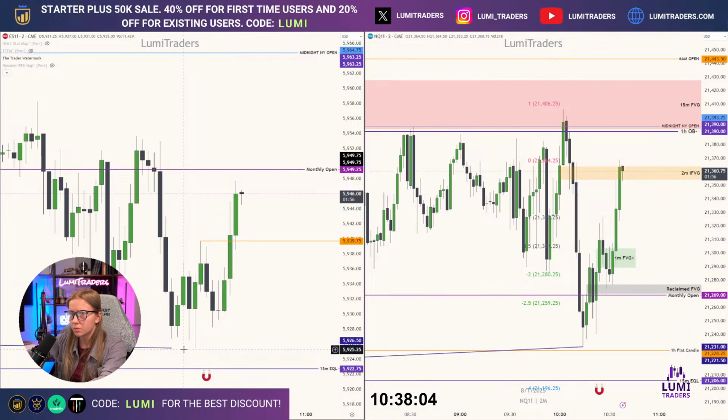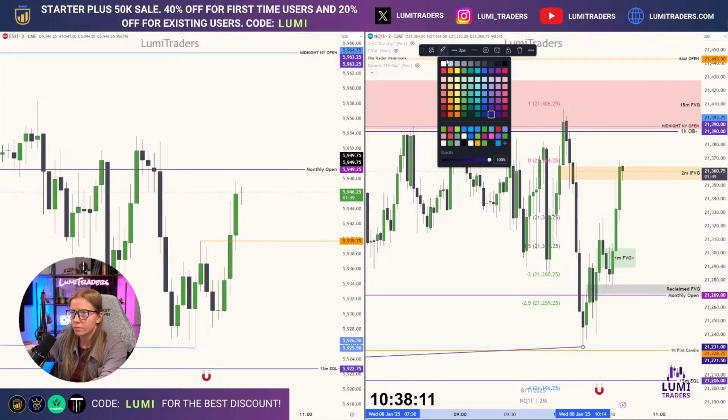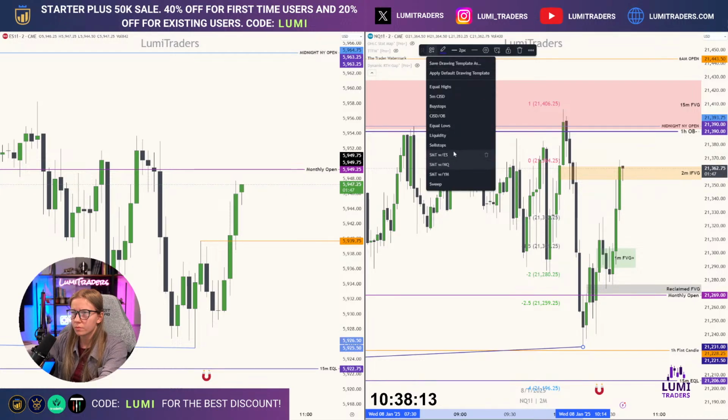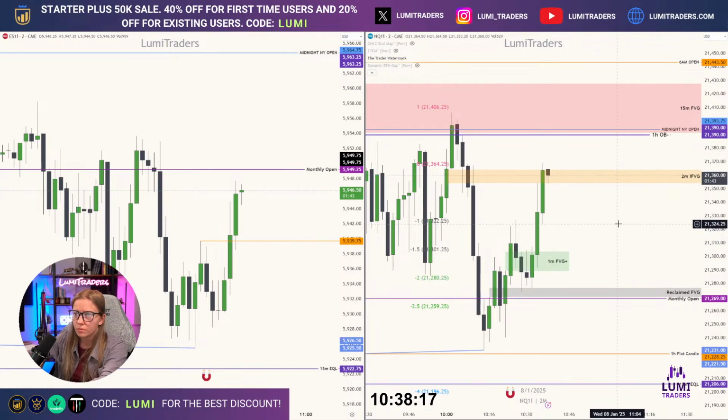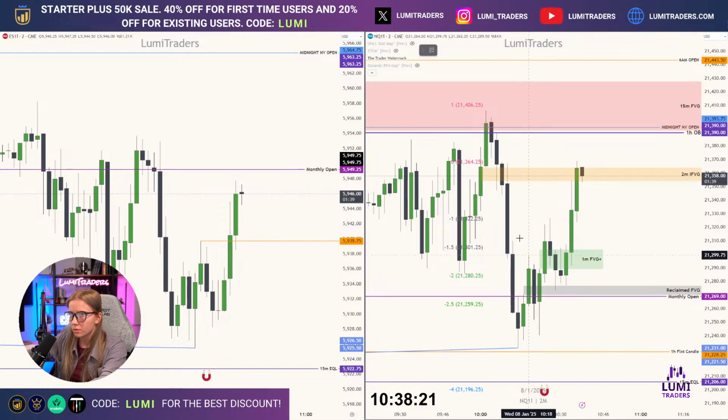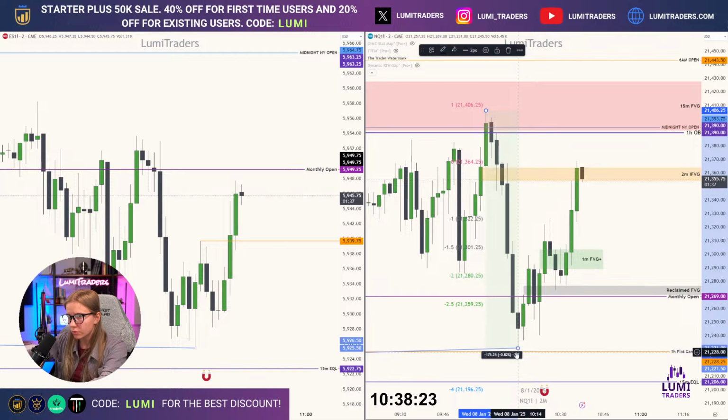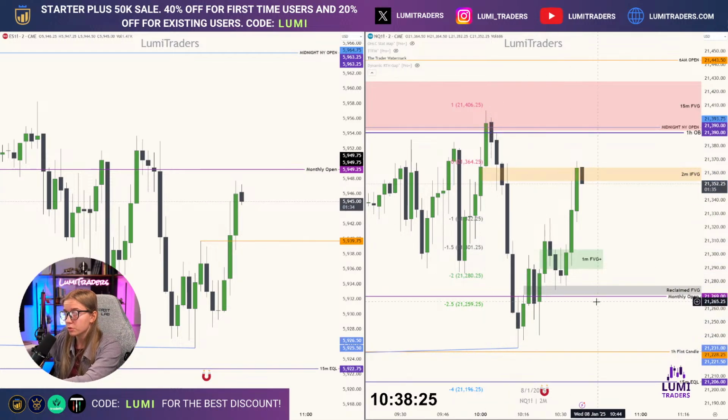Yeah, here's SMT. How big was this move? It was like a 175 points move down, then more than 100 points move up.